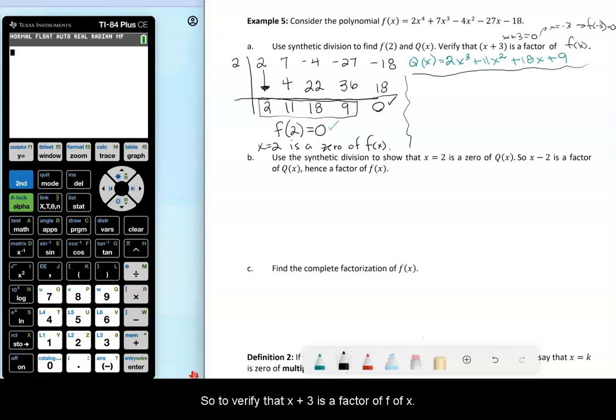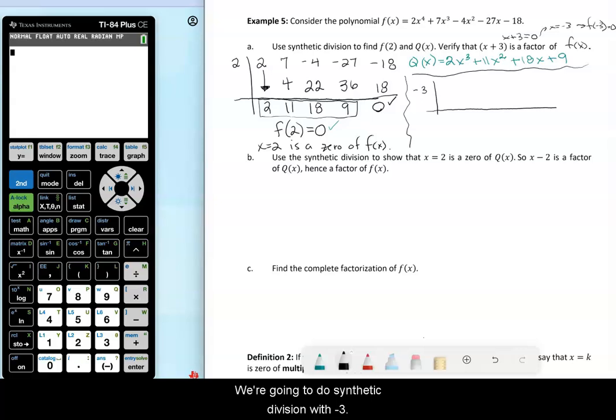So to verify that x plus 3 is a factor of f of x, we're going to do synthetic division with -3, changing the sign of that factor. So back to f of x, I'm going to grab my values 2, 7, -4, -27, and -18, and do synthetic division now with -3.